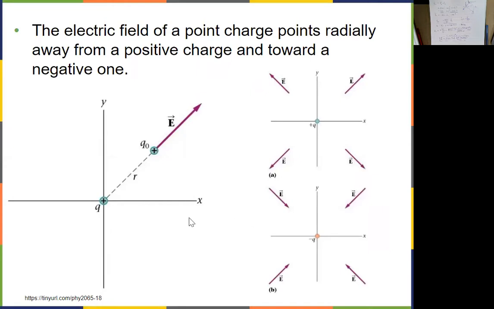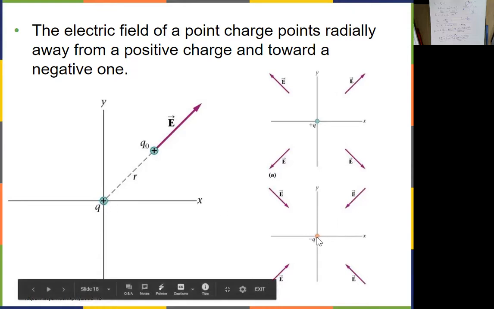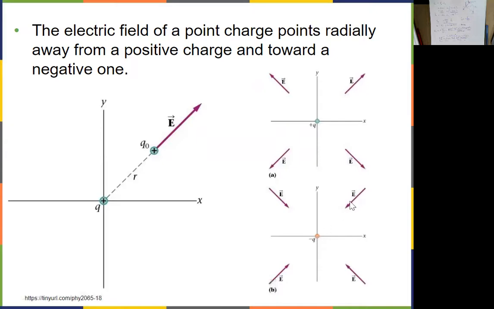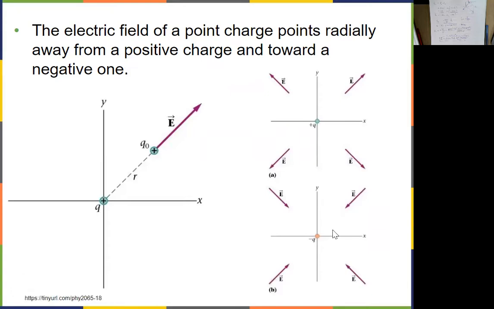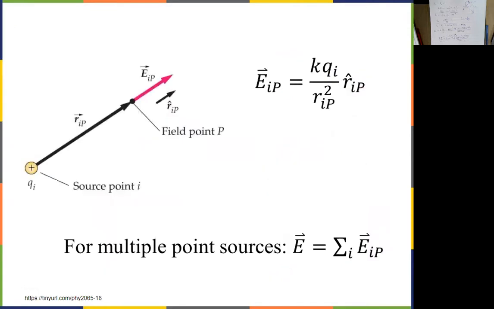It depends on the sign of the charge. If you have a positive charge, the electric field points away from the charge. If you have a negative charge, the electric field points towards it, because electric field is a vector.